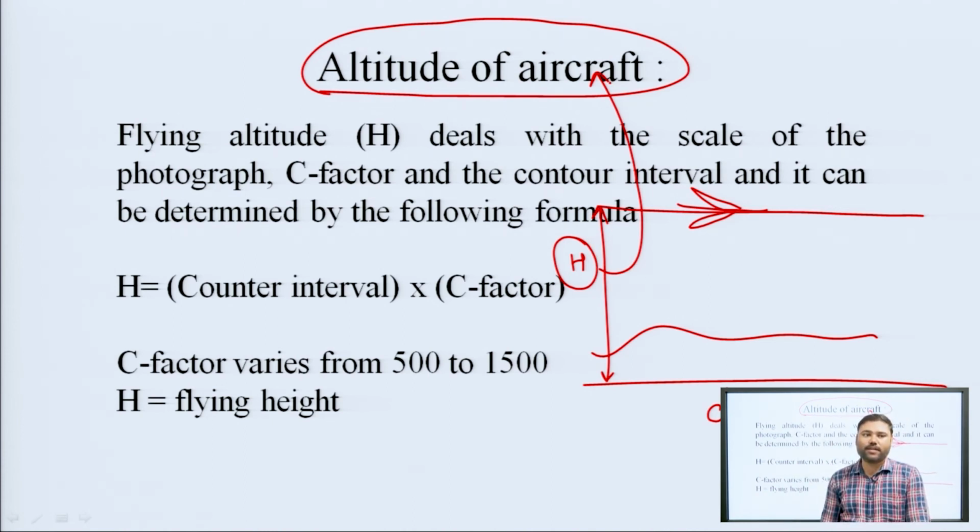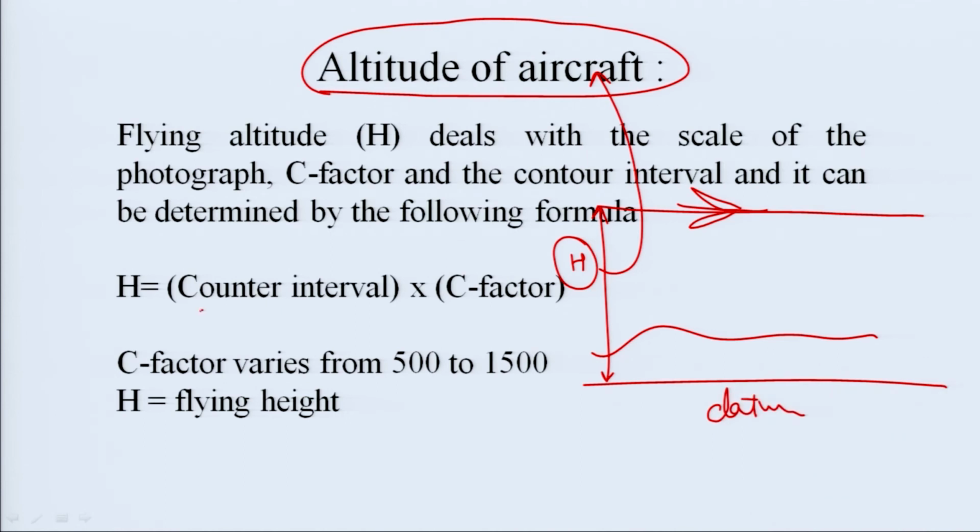It can be calculated as contour interval times C factor. The C factor varies from 500 to 1500 without any unit, and H is the flying height.